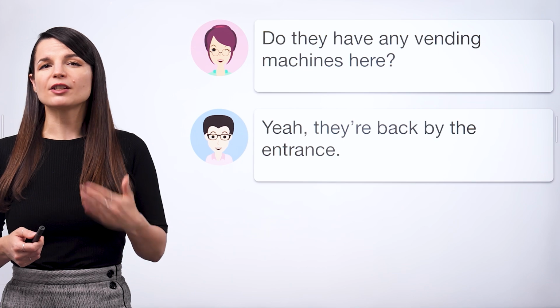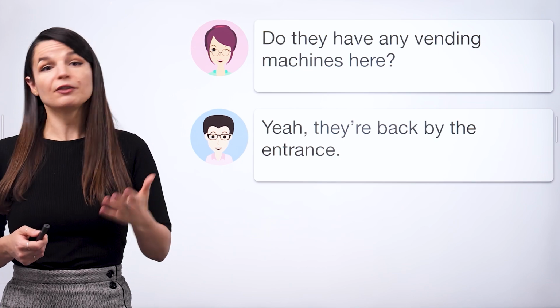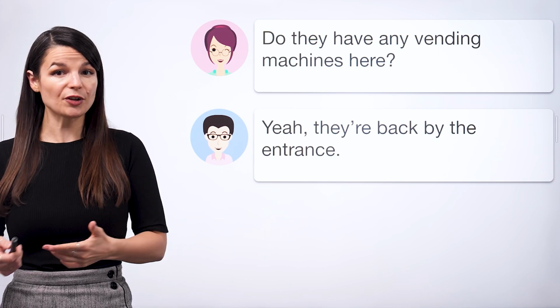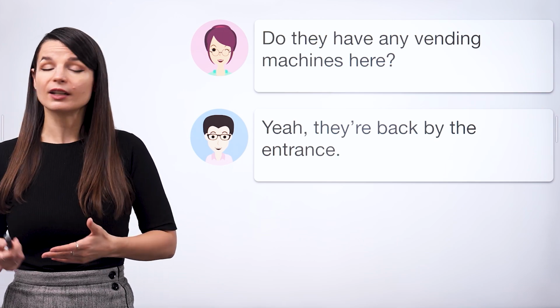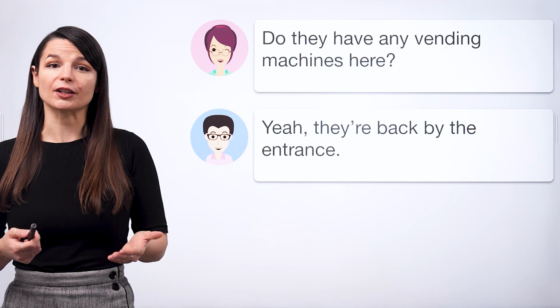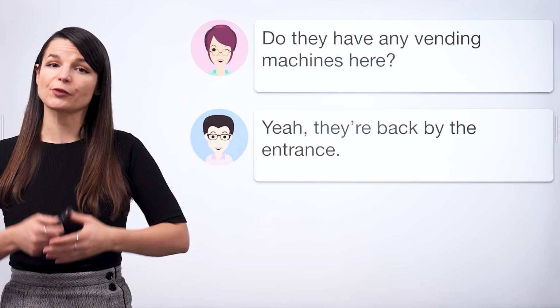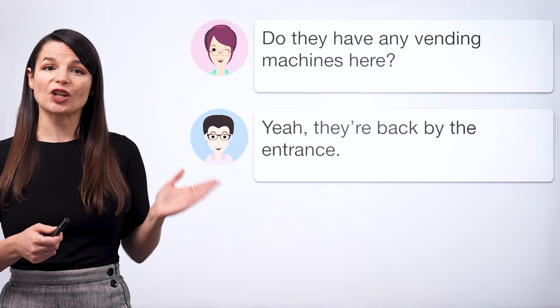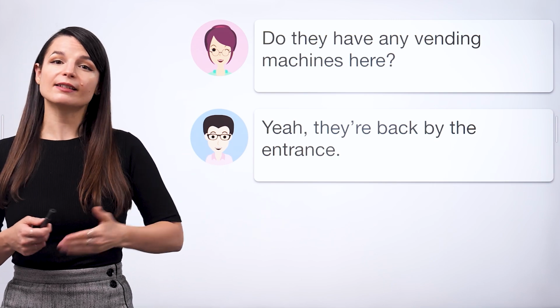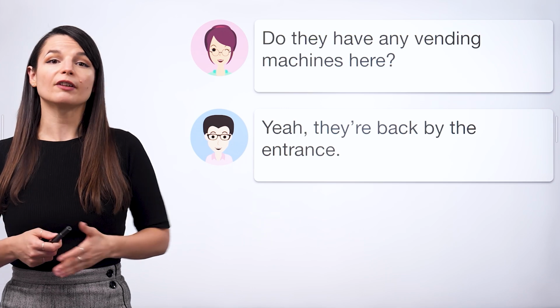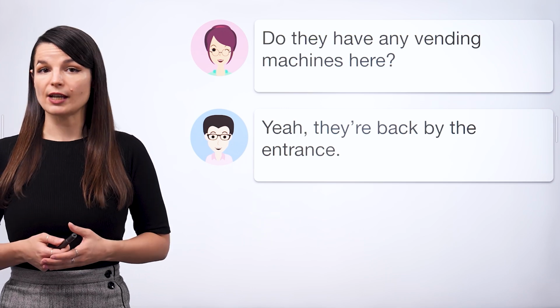However, referring to the theater as they and phrasing the sentence as though it's a person who has things rather than a place where things are is grammatically correct in English and can sometimes be the more natural sounding sentence. She ends the sentence with here, which makes it clear that in this sentence, they is referring to the movie theater that the two are in.